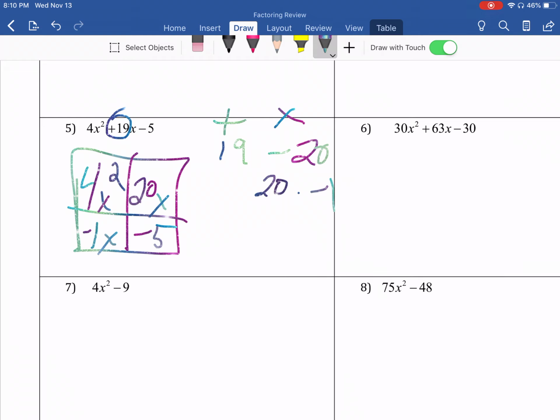I go across the top. What is the greatest common factor of 4x squared and 20x? Well, that's going to be a 4 and an x. My greatest common factor here, now anytime you have a negative, you're going to factor out a negative, so I'm going to factor out a negative 1. That's the only time you find the greatest common factor of this side. So then we look up here. 4 times what would give me 4?